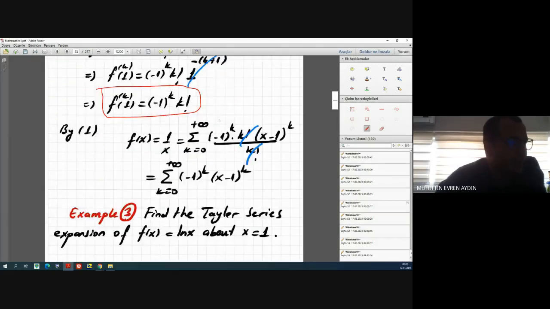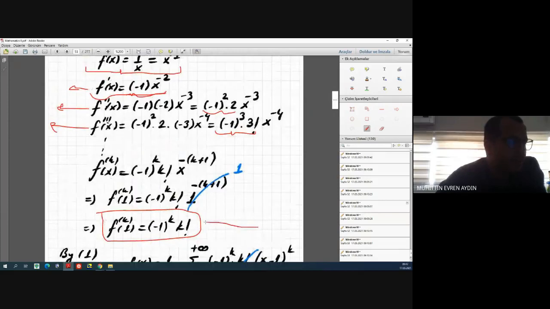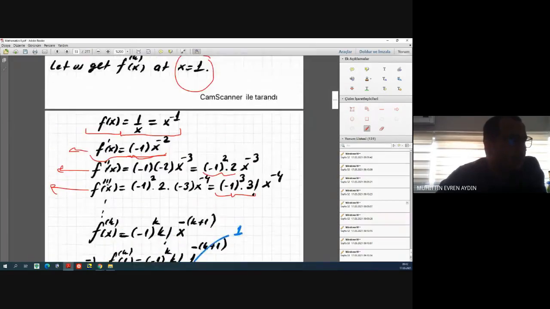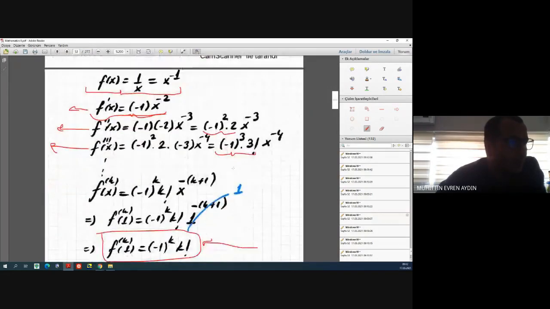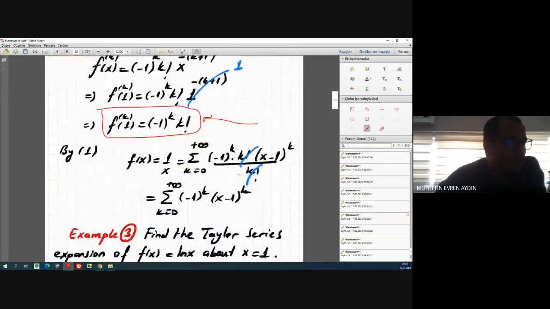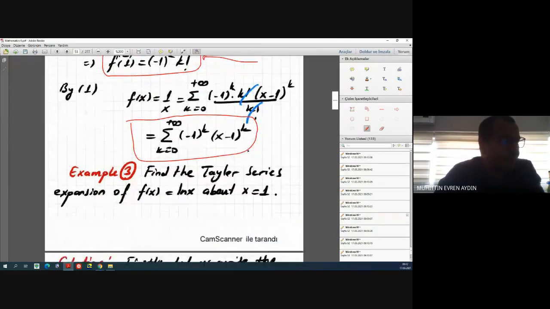If we replace this value with this statement, then we obtain such a power series, which is the Taylor expansion of the function f of x equals 1 over x.